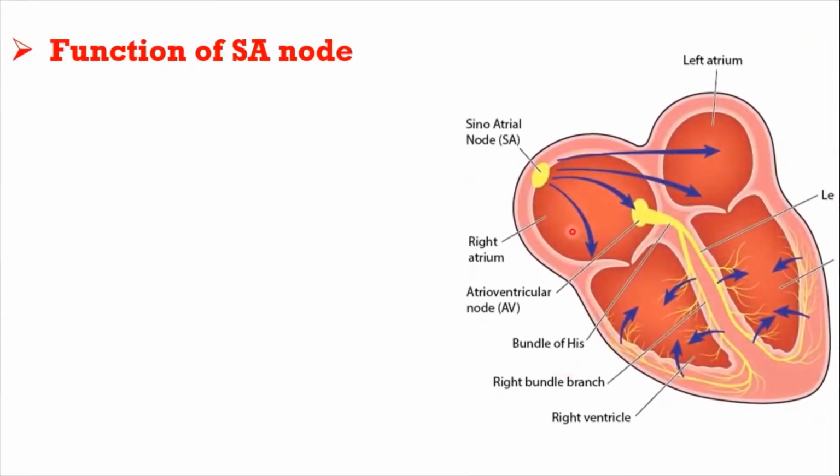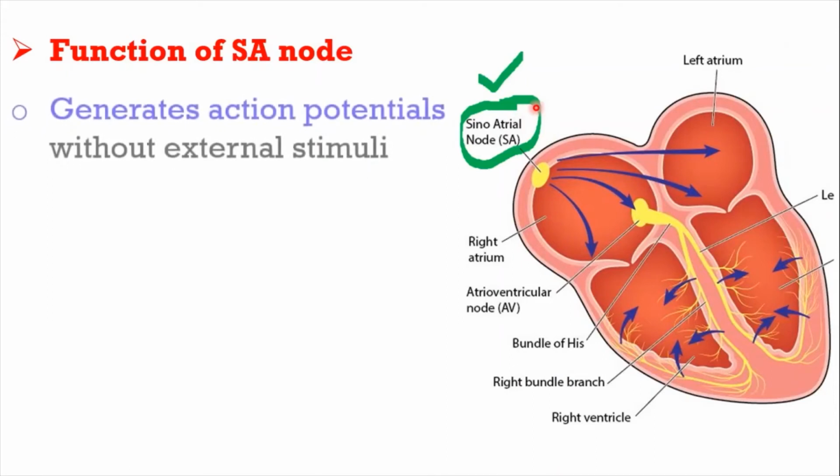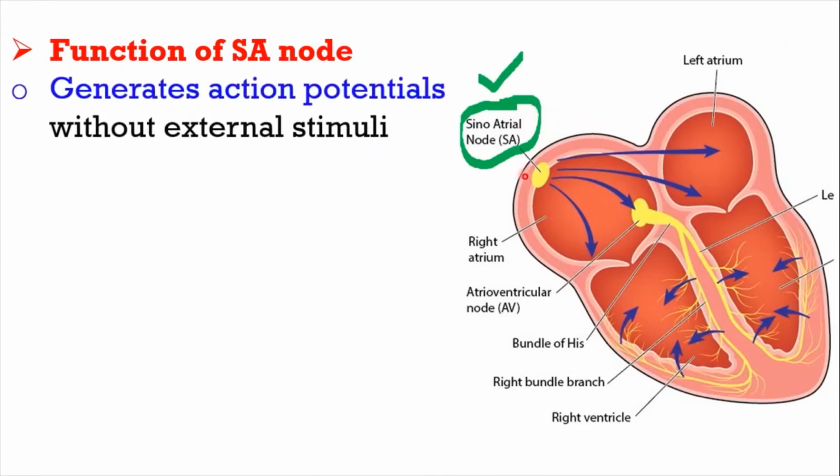Sinoatrial node has the ability to generate the action potentials on its own. That means it generates action potentials without any external stimulus, without any external switch as we find in case of motor pump. Here, these blue colored arrows represent the action potentials generated by the sinoatrial node.